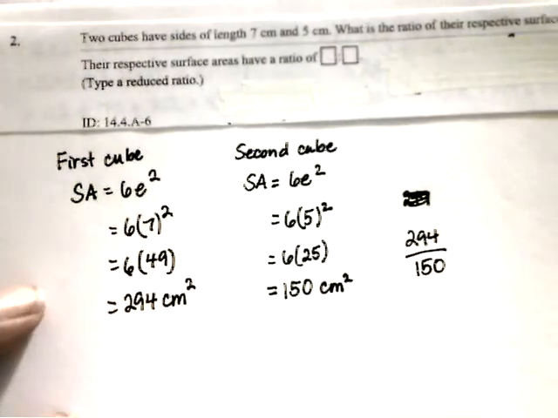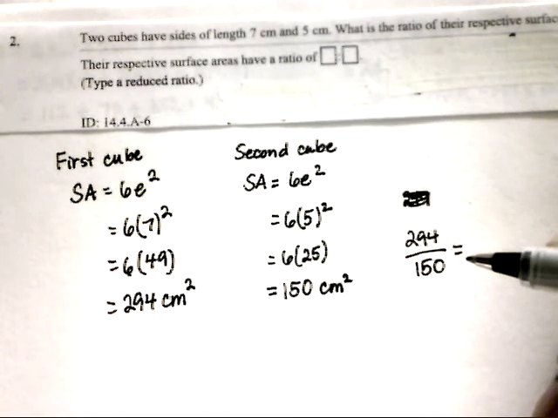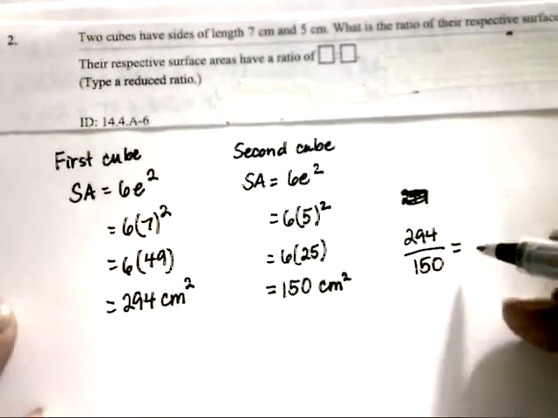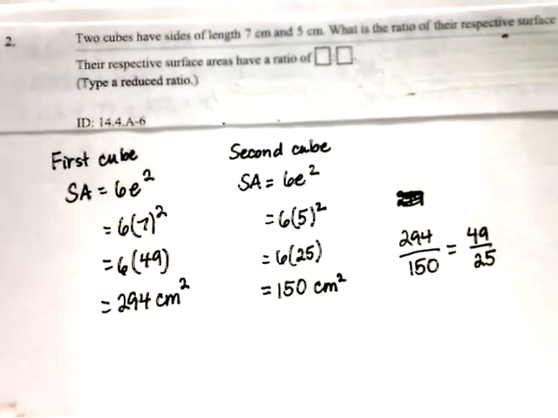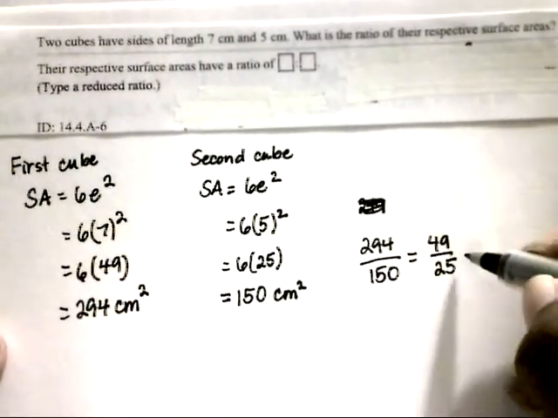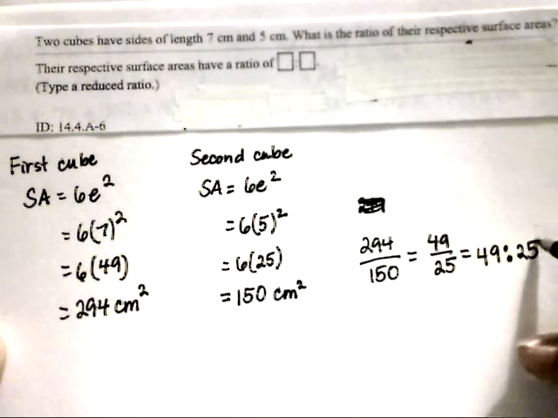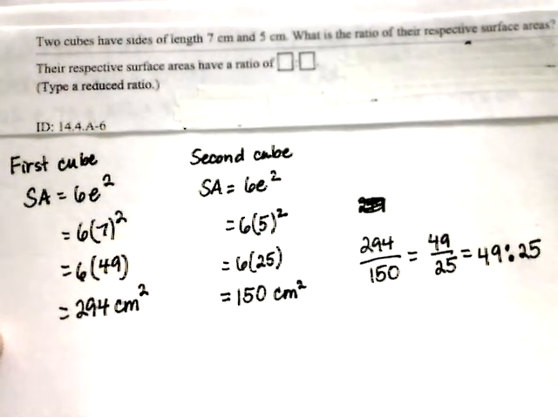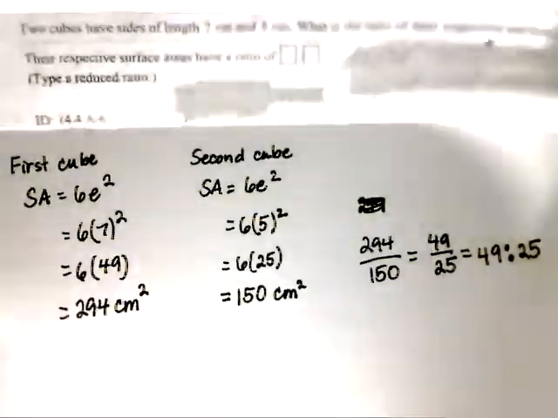Now we can reduce this. 294 over 150 in simplest form will be 49 over 25. Here we divide the numerator and the denominator by 6. They probably want you to write this as a ratio, 49 to 25. So that's how we do the second problem.